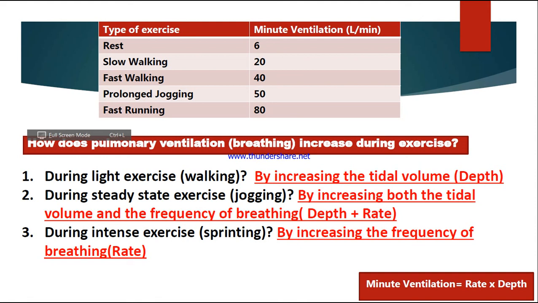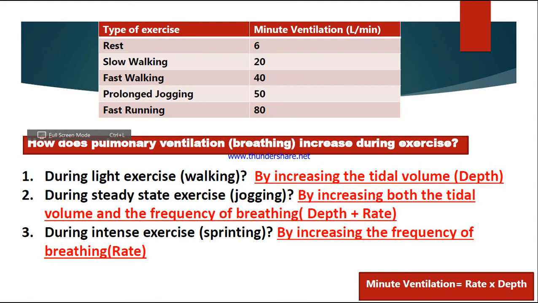And when we do steady state exercises like jogging at one place, both the tidal volume and the frequency of breathing increase. That means the depth also increases, and the rate of respiration also increases.